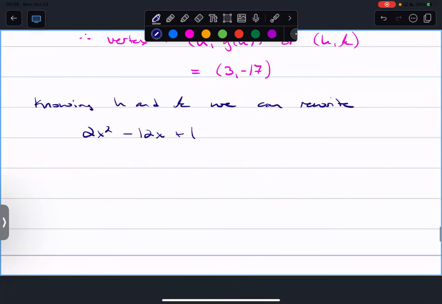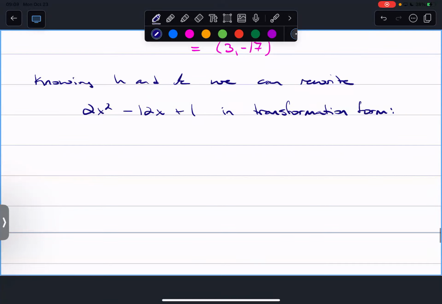Yeah. In transformation form. The a is the same, right?